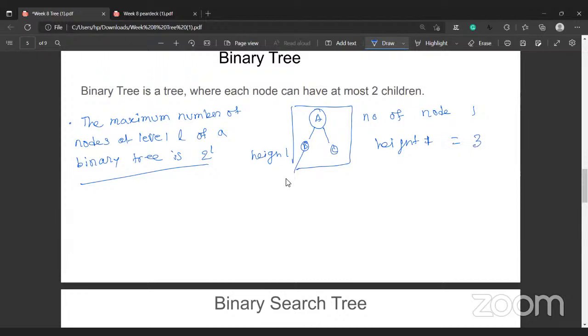Suppose the height is 2, then it is 7, right?